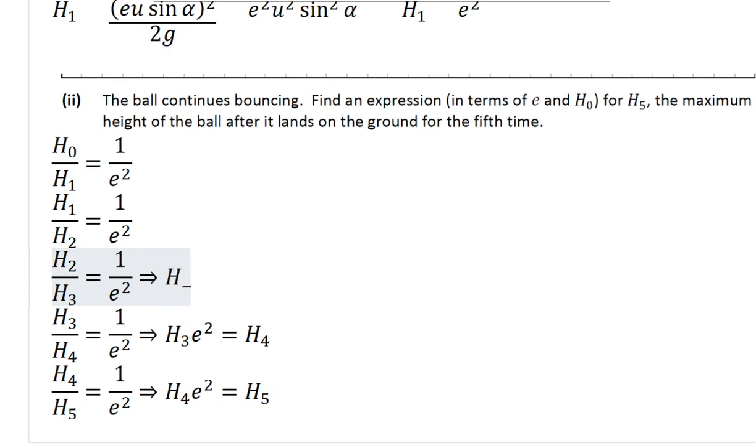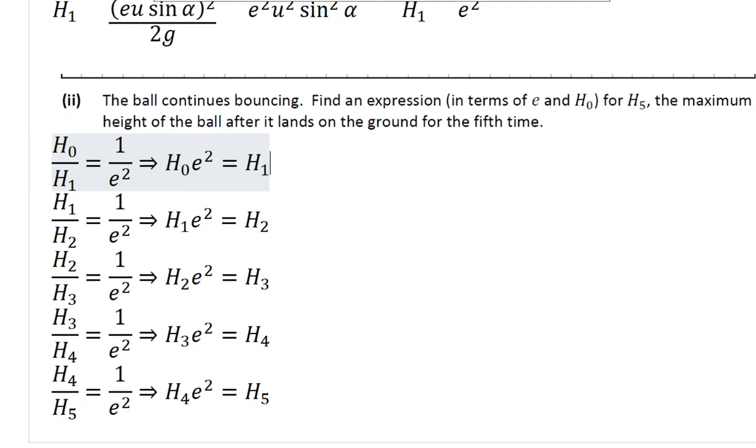And this means H2 E squared equals H3. And this is H1 E squared equals H2. Good God, this is going to be annoying. Now I am doing this possibly the stupid way, but it is the way that the algebra is simple, and so I'm guaranteed that I'm going to get it right.